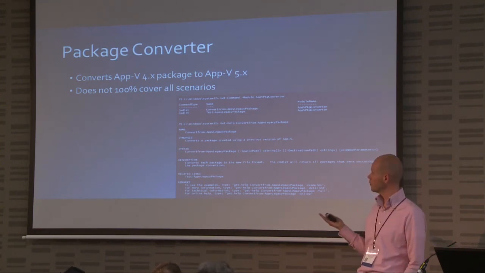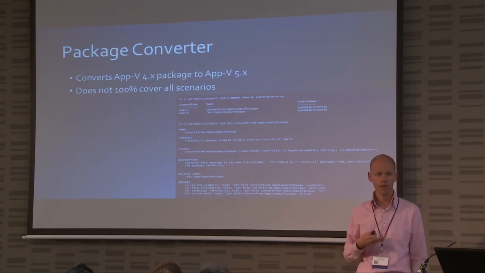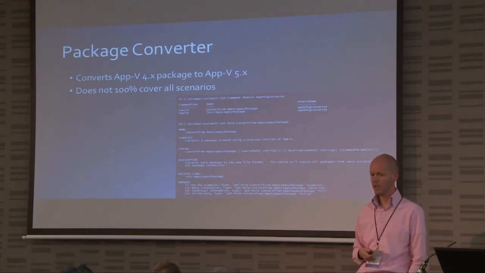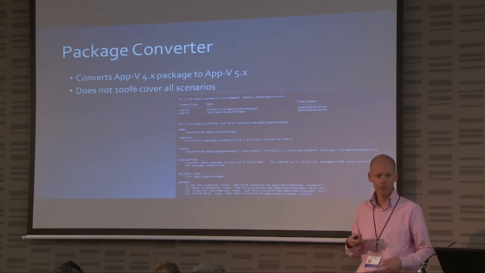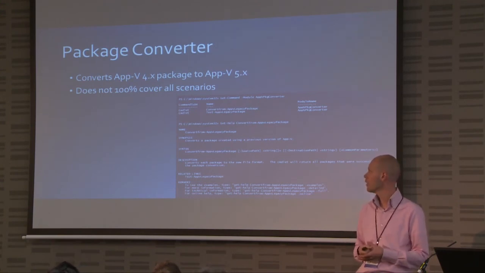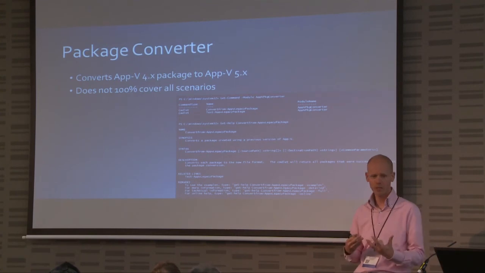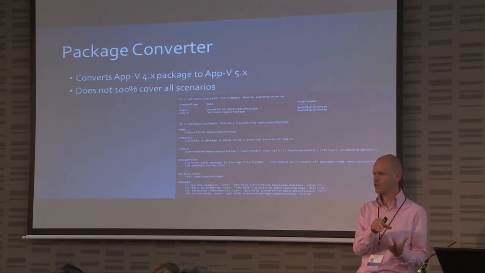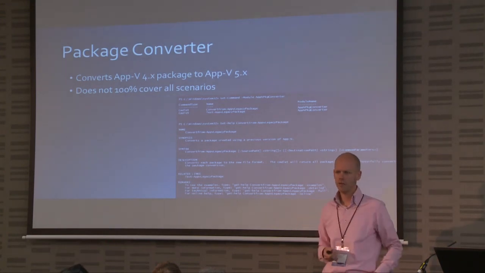That's something you can do. Microsoft released something called a package converter, which is a PowerShell command on the sequencer. It doesn't actually sequence the application, but it transforms the format of the application into the new file format of App-V 5.